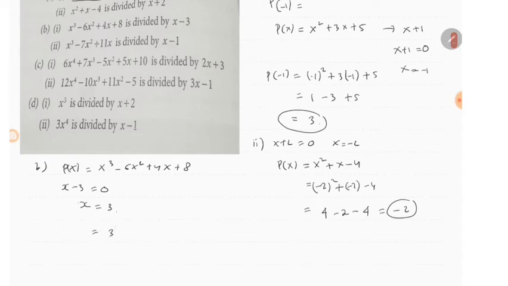So you have 3 cubed minus 6 times 3 squared plus 4 times 3 plus 8.